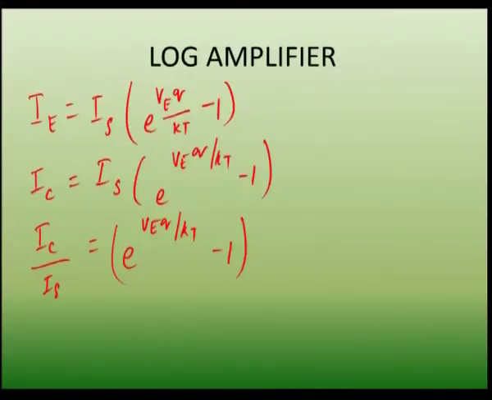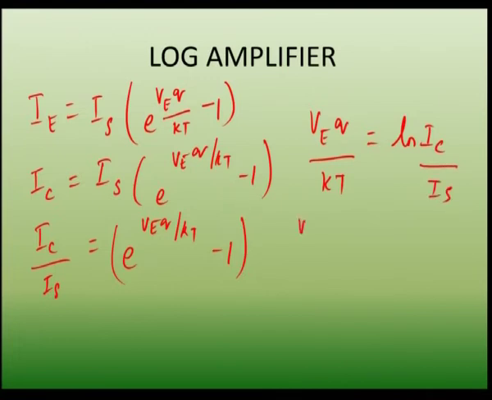So, this 1 is neglected after this equation. And now, if I take natural logarithm of this equation, this exponential term will go away. So, you will be getting VEQ by kT is equal to natural logarithm of IC by IS.